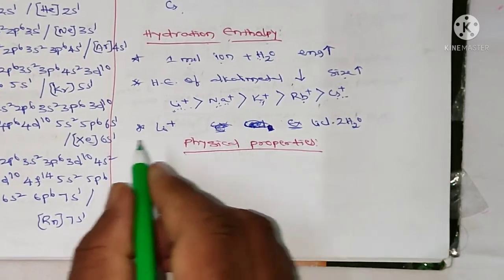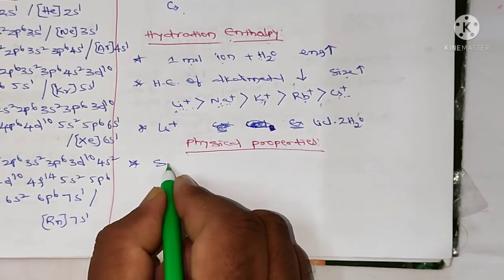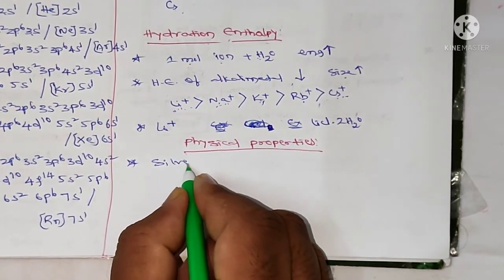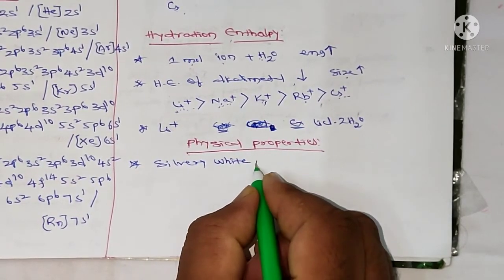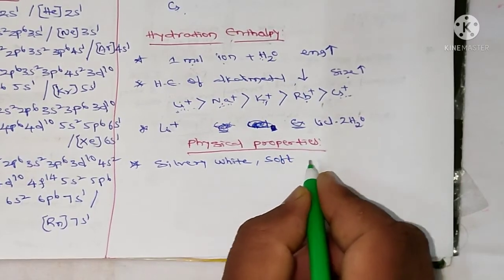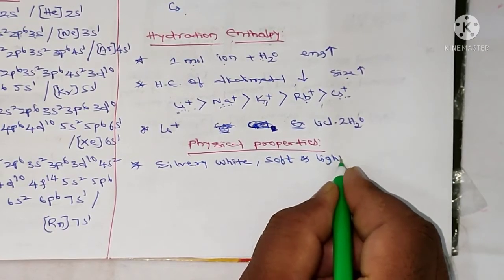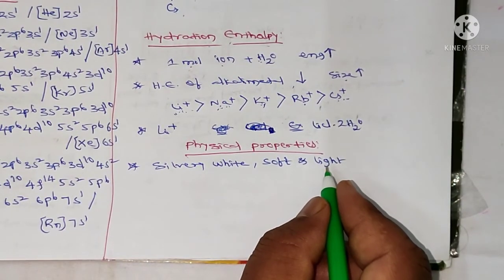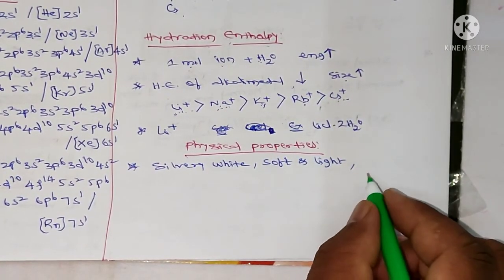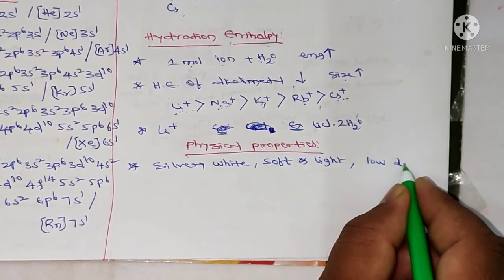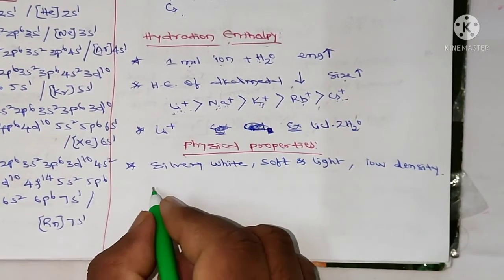Next, physical properties. All the alkali metals are silvery white in color. They are soft and light, meaning they have less weight. These elements have low density because of large size.